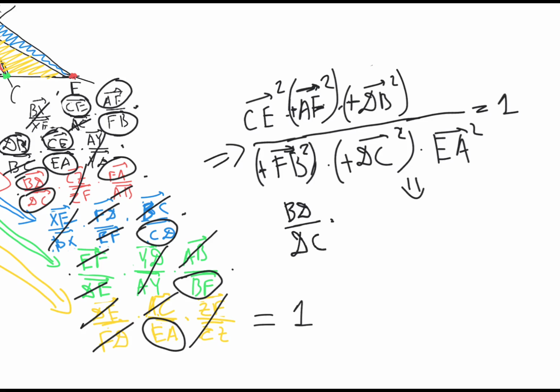So BD over DC multiplied by CE over EA. So this is all squared multiplied by AF over FB. So this is equal to 1.